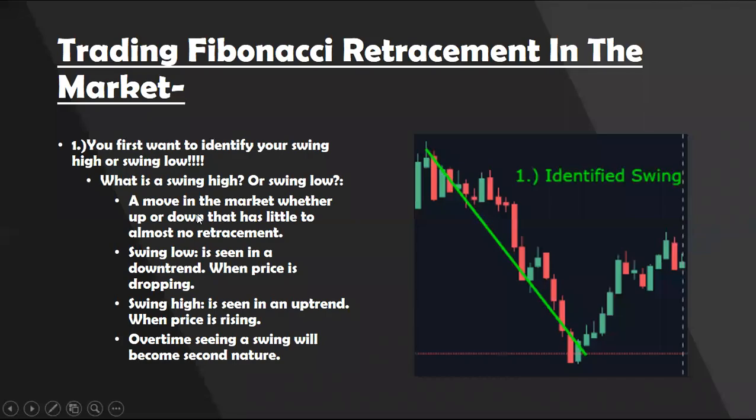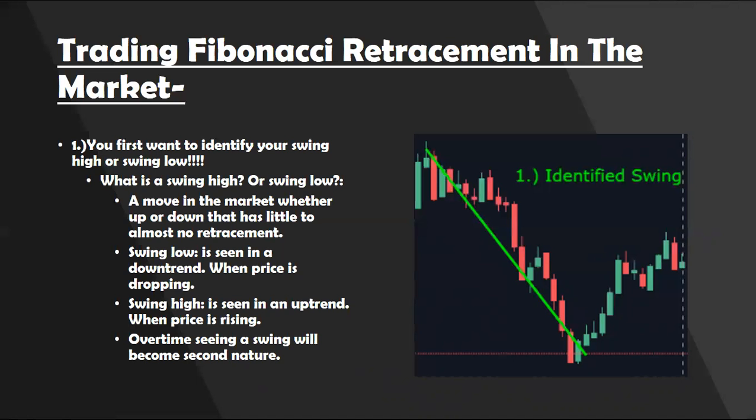All right, so this is pretty much how you trade Fibonacci retracement. Pay close attention. What you first want to do is identify your swing high or swing low. You may ask, what is a swing high or a swing low? It is a move in the market, whether up or down, that has little to almost no retracement.